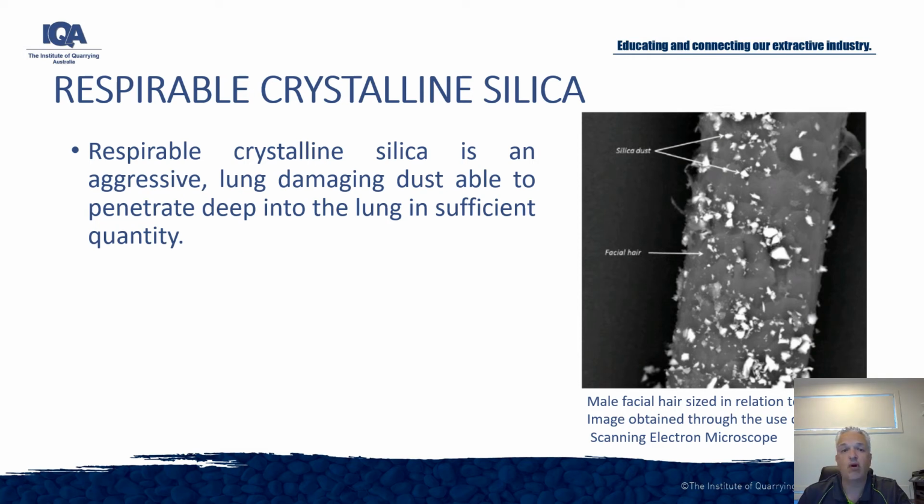So it's very important that if you are wearing a respirator, you're fit tested, and two, that every time you wear a dust mask you have a clean shaven face. Otherwise, there's potential for these small particles to bypass the mask and go straight into your lungs.